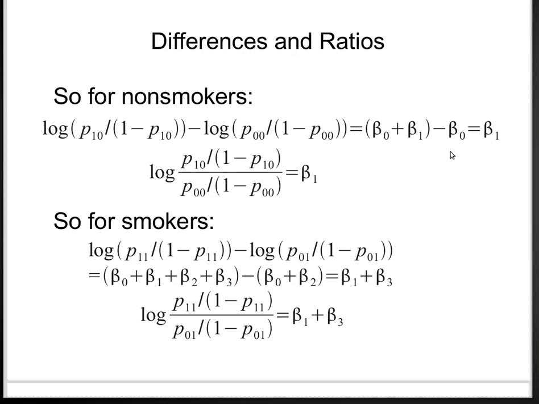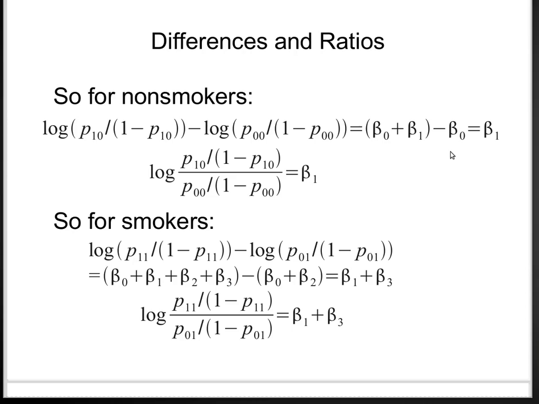When we do that, we get again a difference between two logarithms. And then we can see we get the logarithm of a ratio. Aha! So beta 1 plus beta 3 here turns out to be the log of the odds ratio for the smokers.